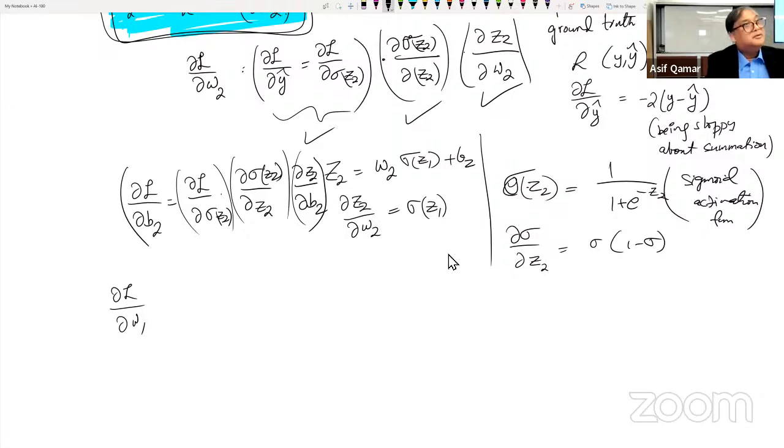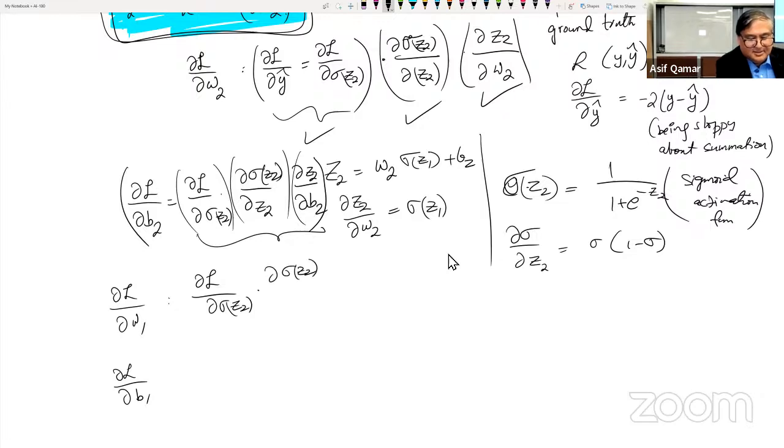W1. That's what we are trying to do. Or likewise, dL by dB1. These two things we have to compute, right? Let's play a game. We know how to do this part. This part we can bring it down, right? dL, d sigma Z2, d sigma Z2, d Z2.